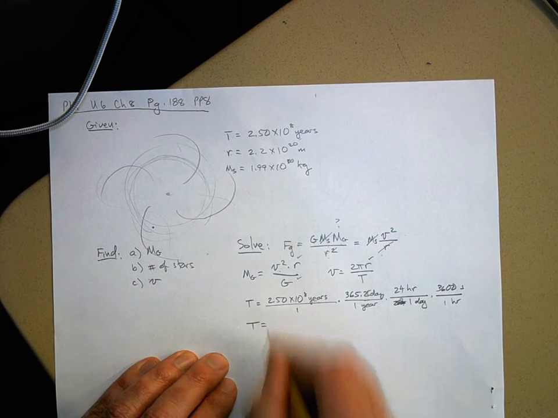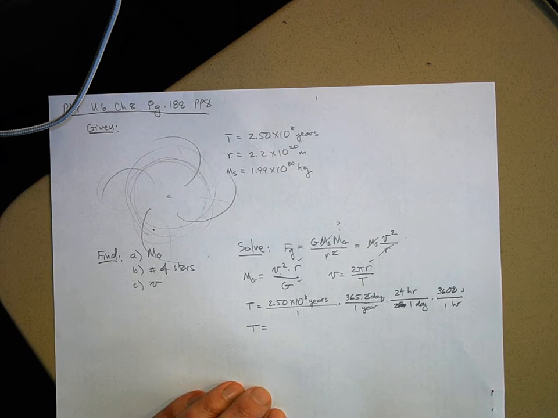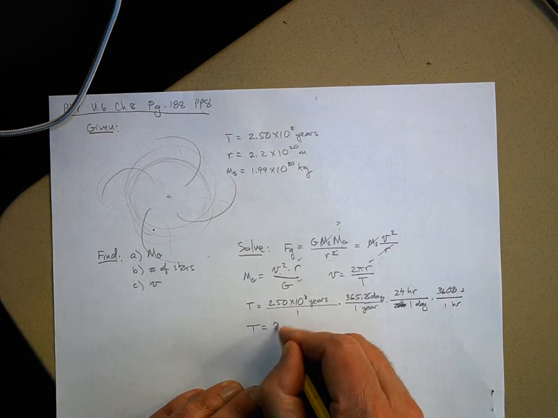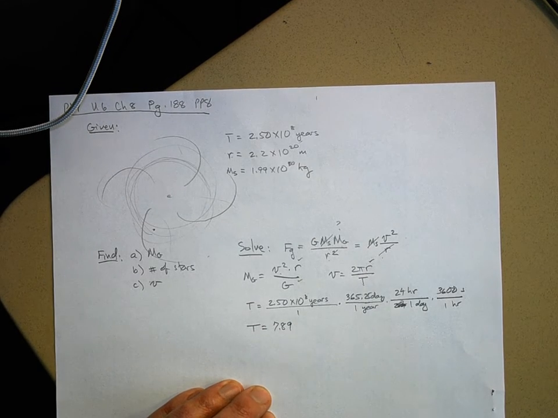So the period, when I get my calculator out and do all this, I'll try to go fast here: 2.5 times 10 to the 8 times 365.25 times 24 times 3,600 equals 7.89 times 10 to the 15 seconds.